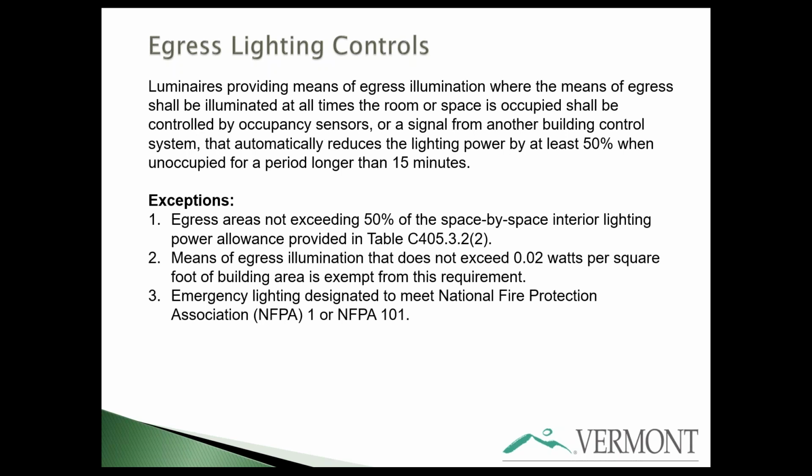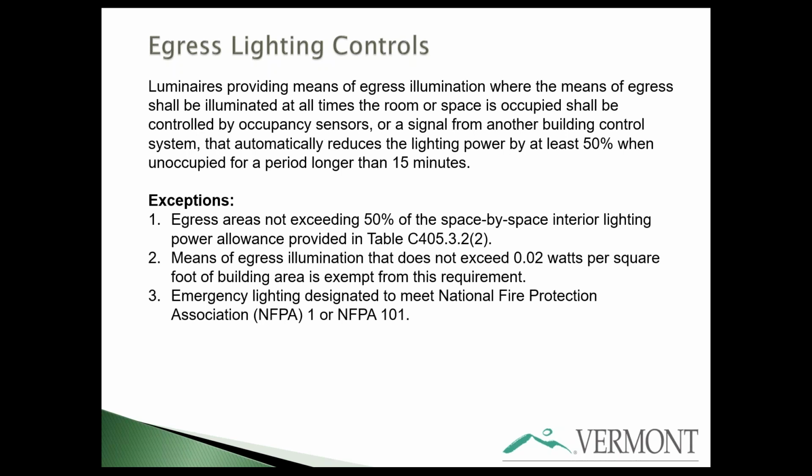A new section for egress lighting controls. Luminaires providing means of egress illumination, where the means of egress shall be illuminated at all times. The room where space is occupied shall be controlled by occupancy sensors or a signal from another building control system, and automatically reduces lighting power by at least 50% when not occupied for at least 15 minutes.